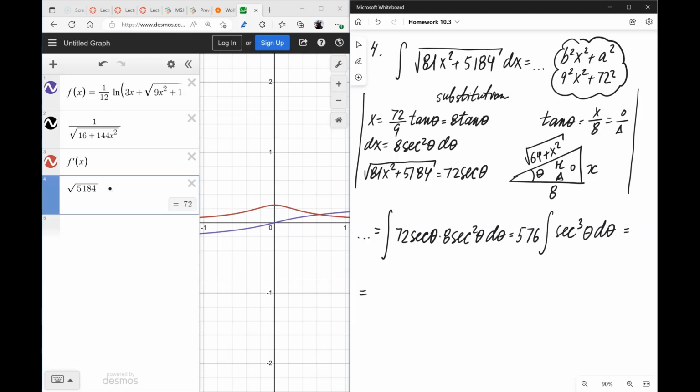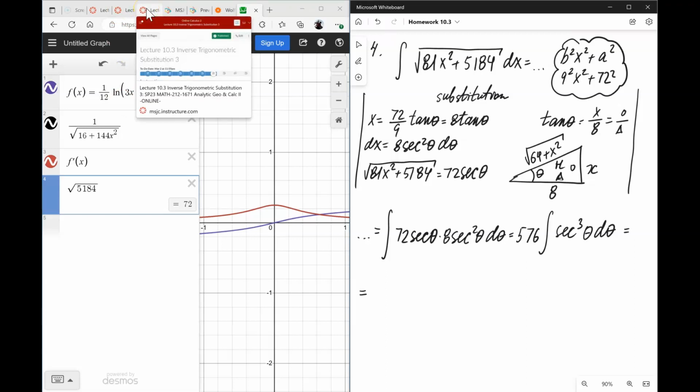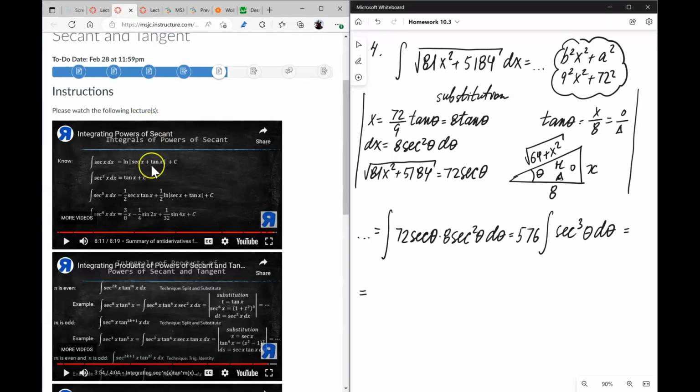And I think we did the integral of secant cubed earlier, so it's going to be 576 times 1/2 secant tangent plus 1/2 ln of secant plus tangent, but I don't have x, I have theta.